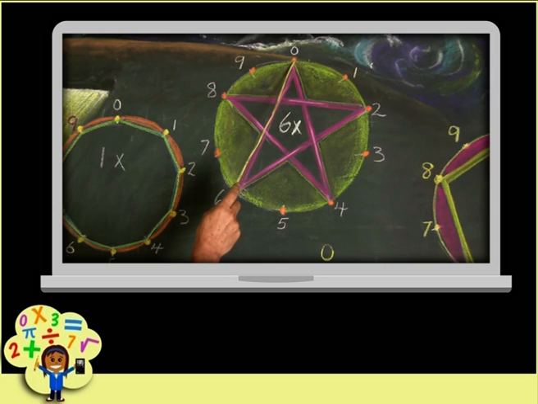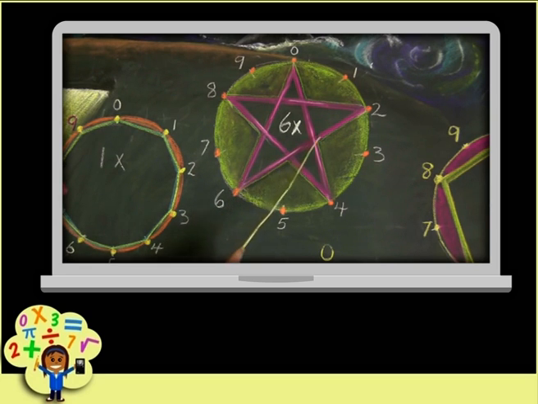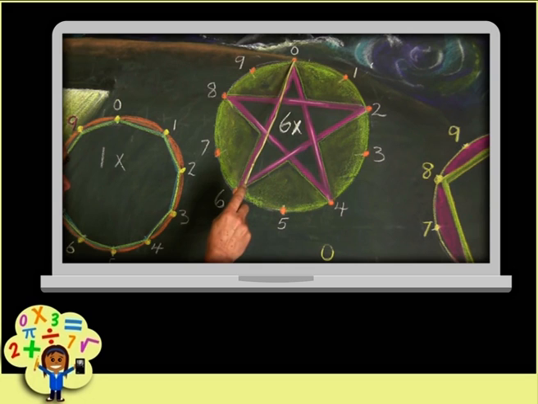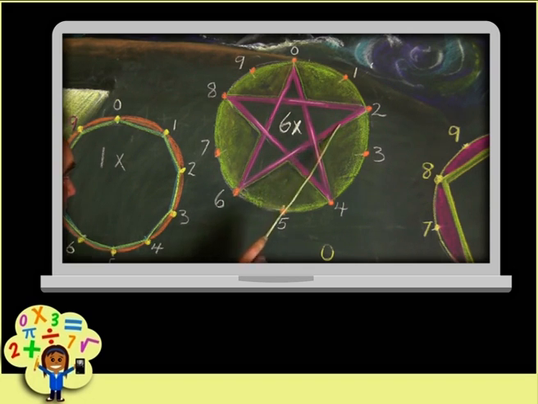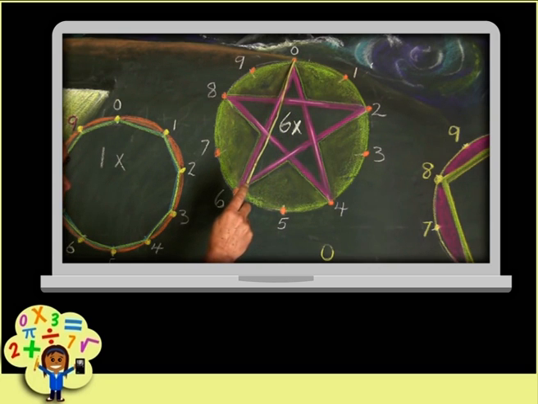So 0 times 6 is 0, 1 times 6 is 6, 2 times 6 is 12, 3 times 6 is 18, 4 times 6 is 24, 5 times 6 is 30, 6 times 6 is 36, 7 times 6 is 42, 8 times 6 is 48, 9 times 6 is 54, and 10 times 6 is 60.